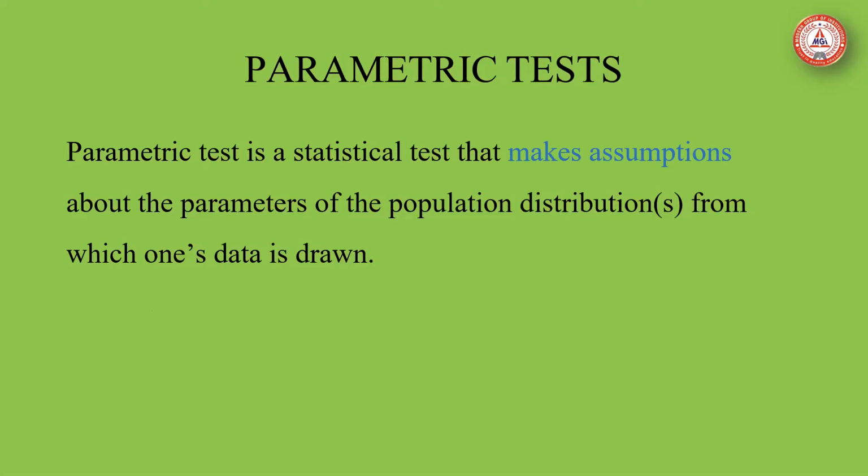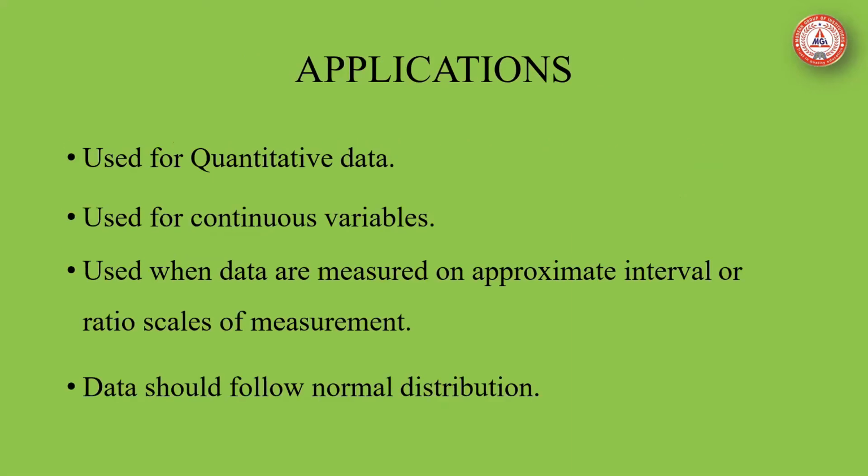Now, what is a parametric test? A parametric test is a statistical test that makes assumptions about the parameters of the population distribution from which the data is drawn. That is, it is all about the parameters of the population distribution.